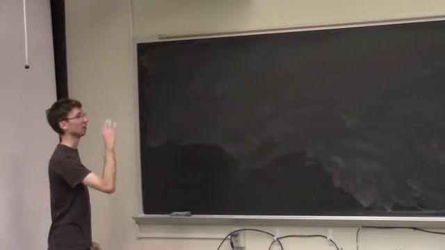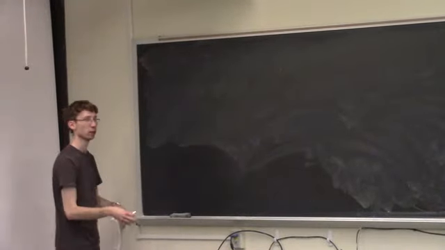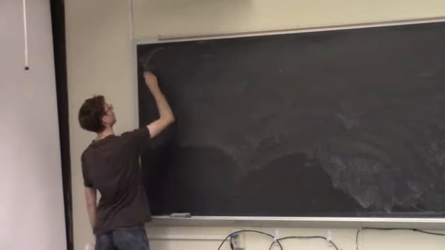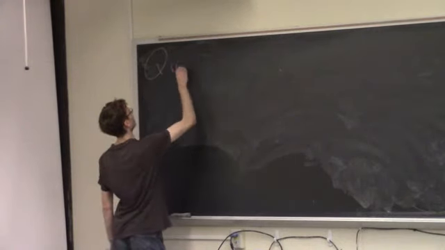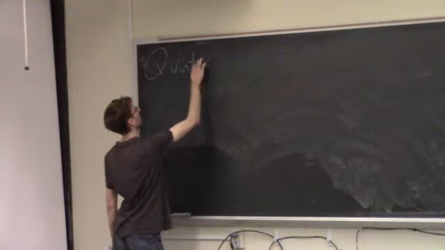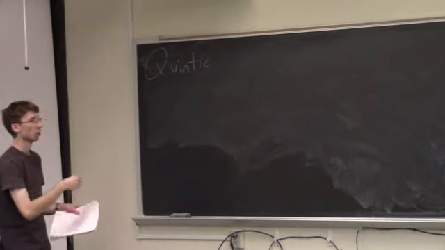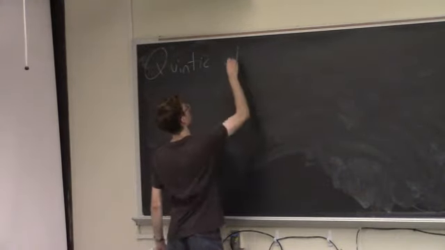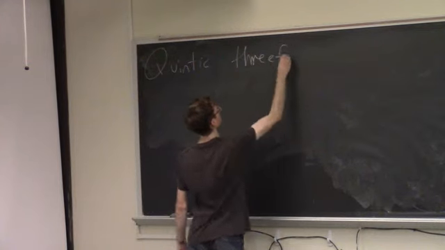And so I've said something about Gromov-Witten theory. To get more concrete, today I want to talk about a very special target, which is called a quintic threefold.